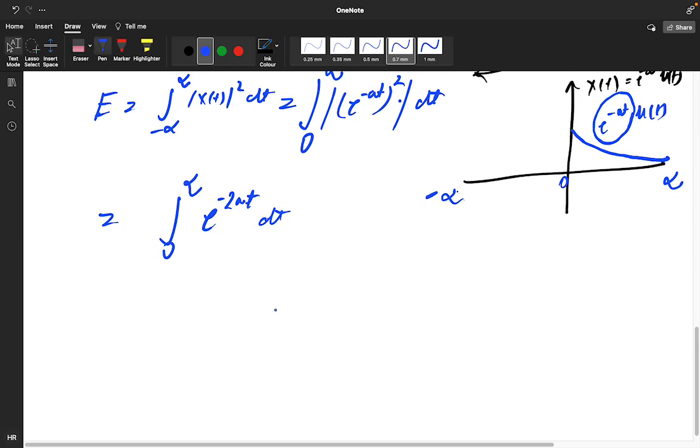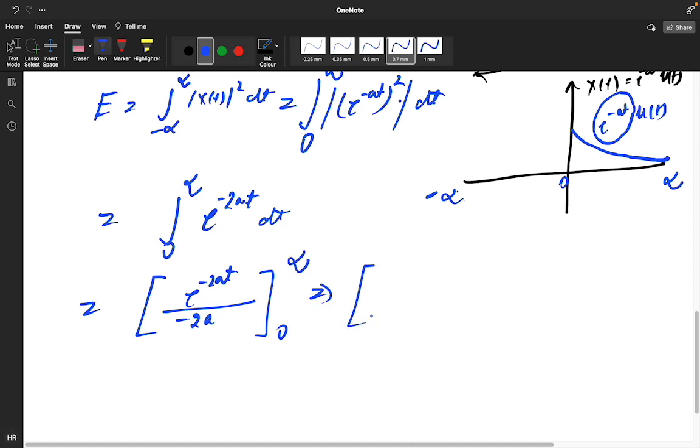What is the integration of e power minus 2at? E power minus 2at divided by minus 2a, and the limits are from 0 to infinite. If you put the limits, what you will get? E power minus 2a into infinite divided by minus 2a, minus e power minus 2a into 0 divided by minus 2a.